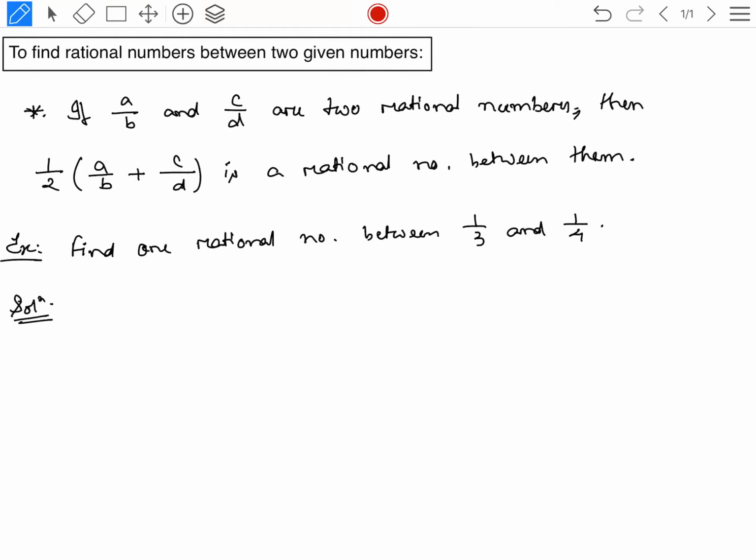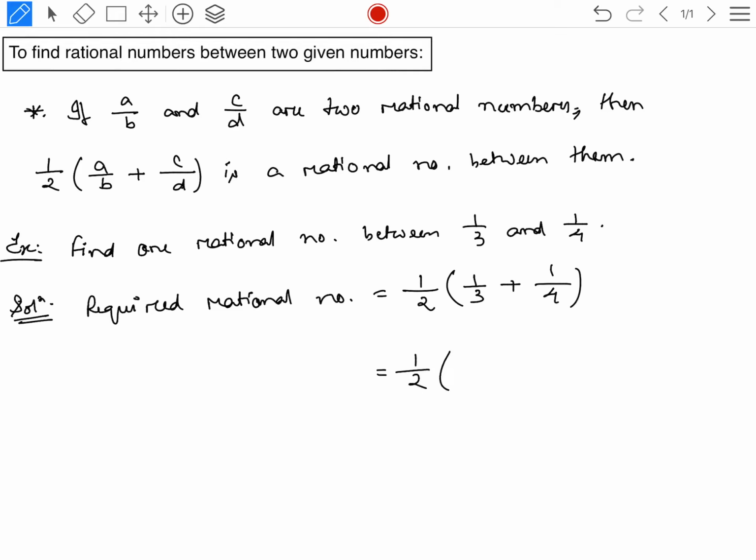Suppose 1 by 3 is a by b and 1 by 4 is c by d. So in the solution, you can just use the formula. You will write required rational number equals half into a by b, that means 1 by 3, plus c by d, that means 1 by 4. Understood? This is the formula.